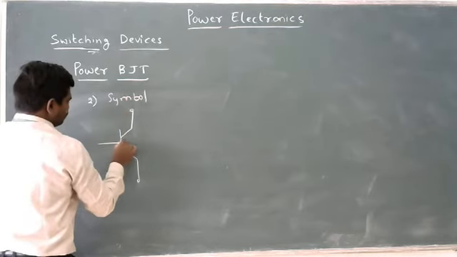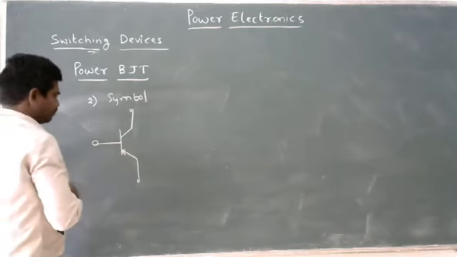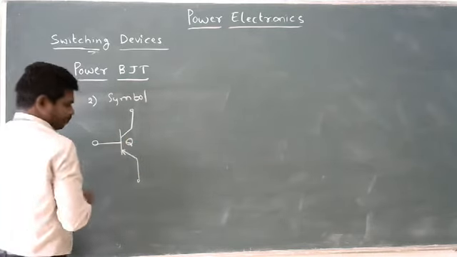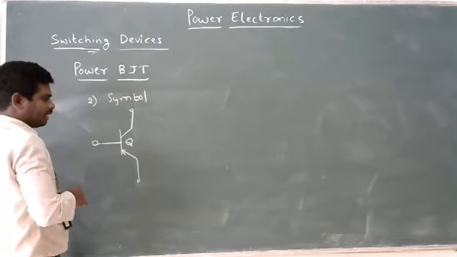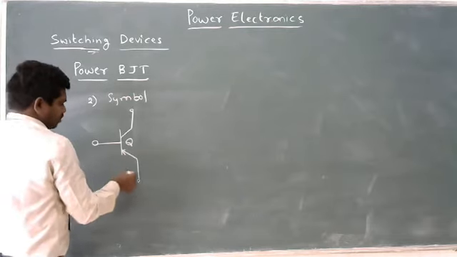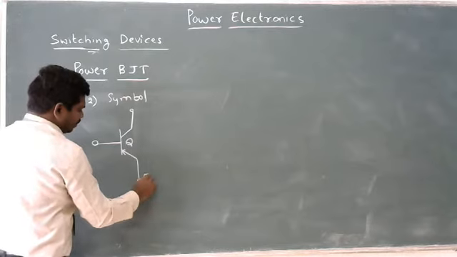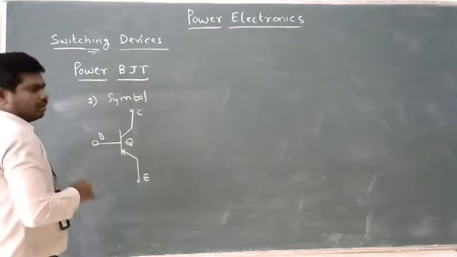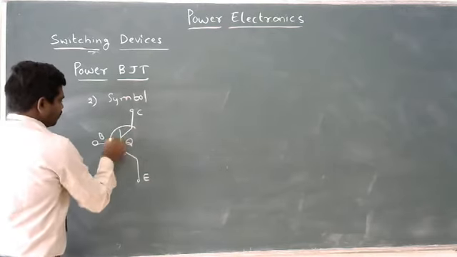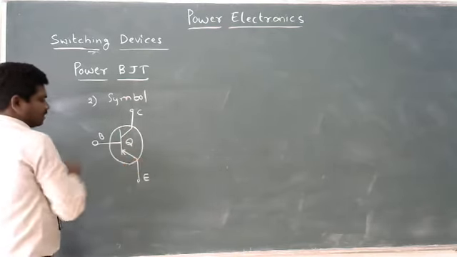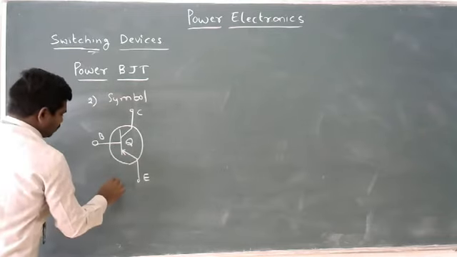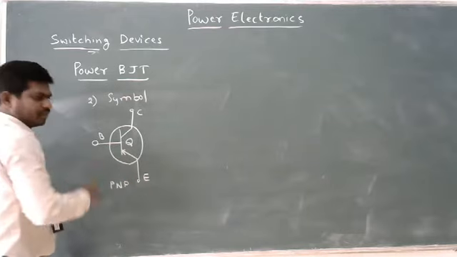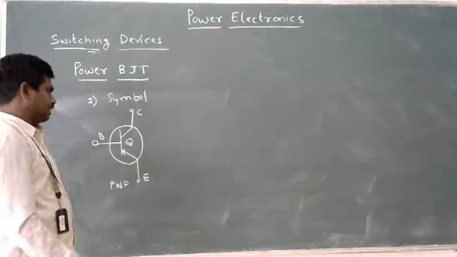This is the symbol of a BJT, and we indicate it with Q. This is the emitter terminal, this is the collector, and this is the base. This type of BJT is called PNP. This is a PNP type BJT.